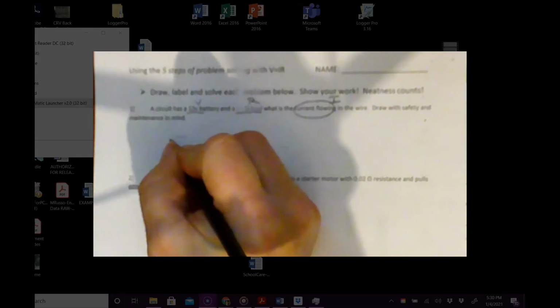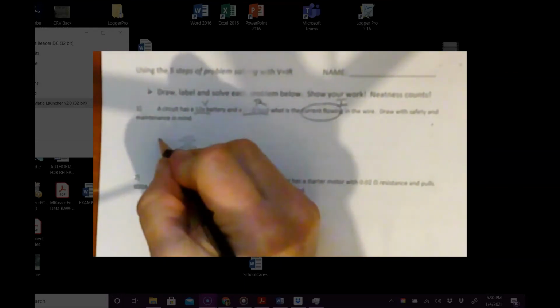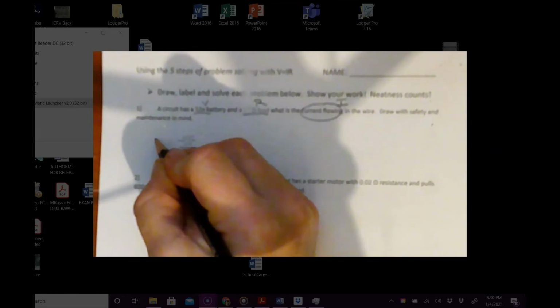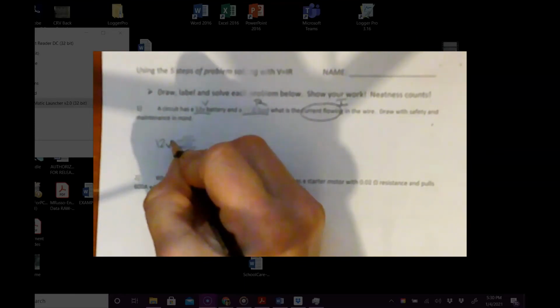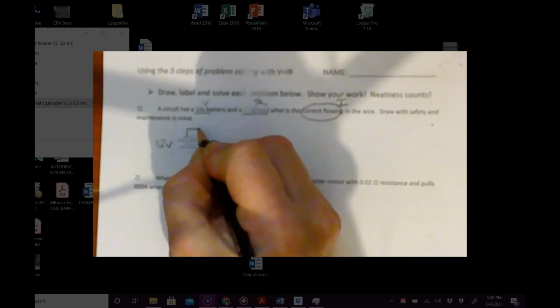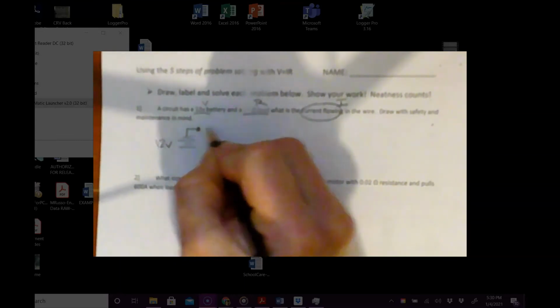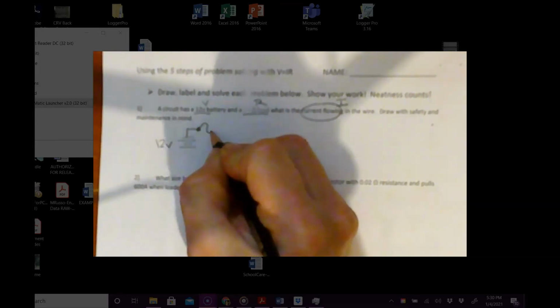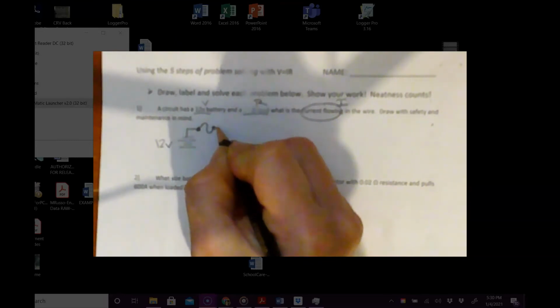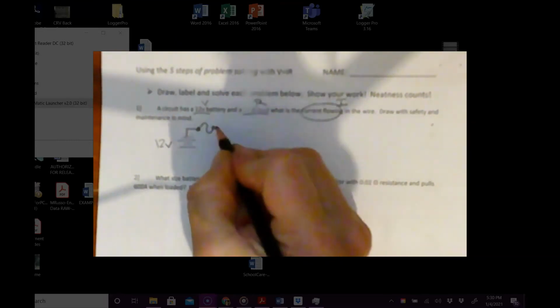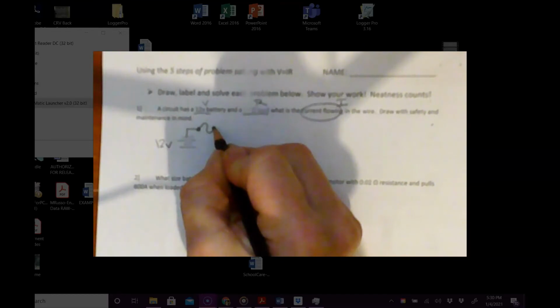So to me, it's always a good place to start. So symbol for a battery, right? I've just drawn a 2-cell, but it doesn't matter how many I draw. And I label it 12 volts because that's what it says. Safety or maintenance, I can draw a fuse, squiggly line. I'm hyper accentuating my connections, right?